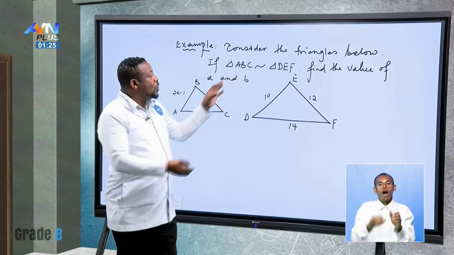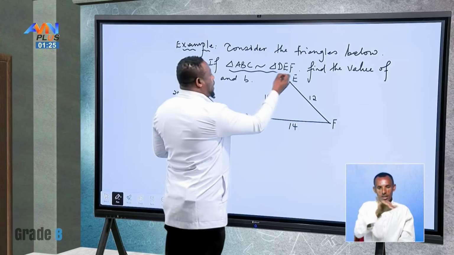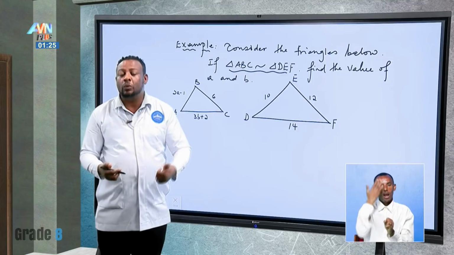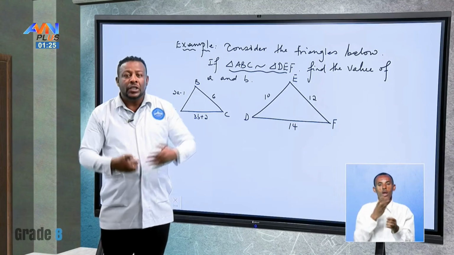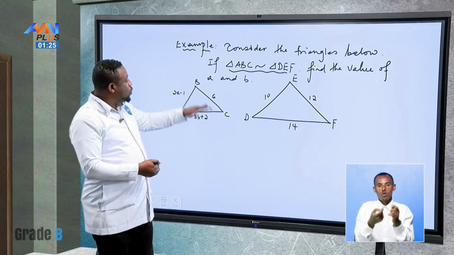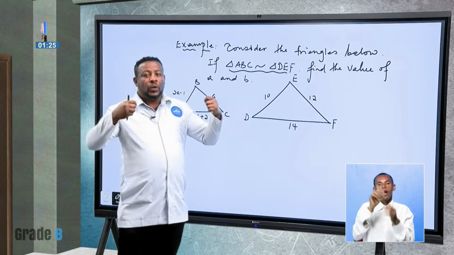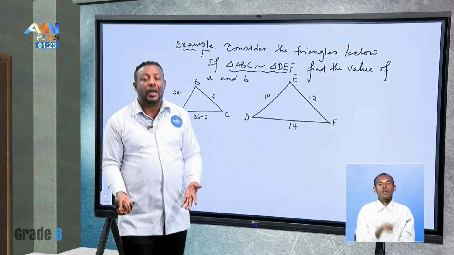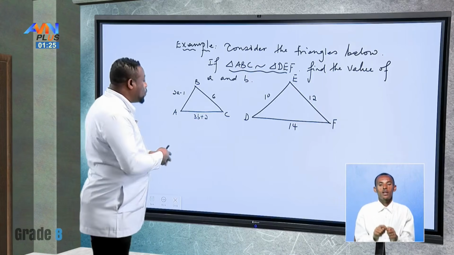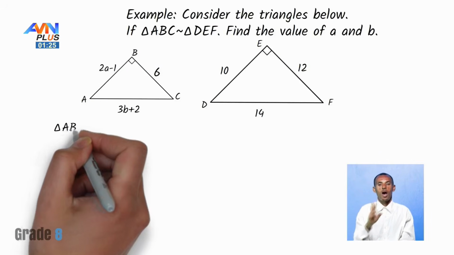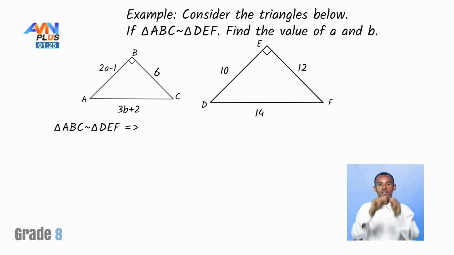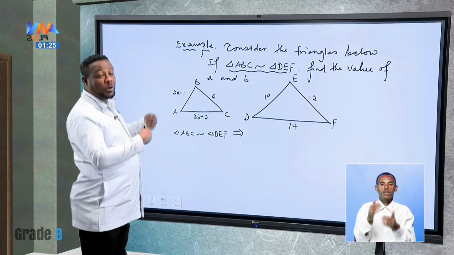So having the condition of similarity of these two triangles, we can calculate the unknown variables the way we did in the previous example. To find these two unknown variables, we can apply the second condition for similarity of two triangles, right? Triangle ABC is similar to triangle DEF implies the ratio of the corresponding sides are proportional.